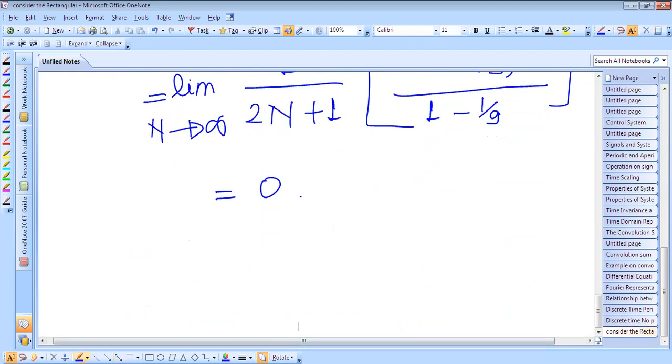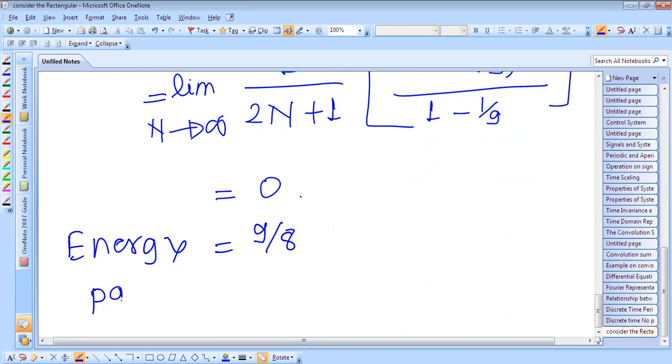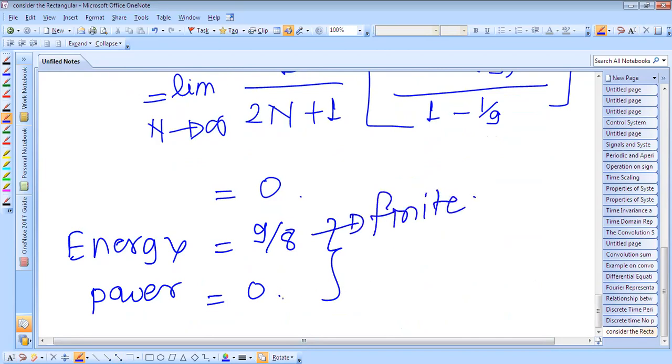So the energy of the signal is 9 by 8, and the power of this signal is 0. So which type of signal is this? The signal is an energy signal. This value is finite, and this value is 0.